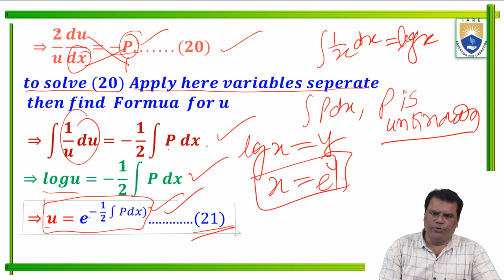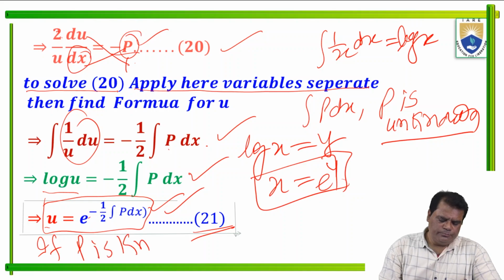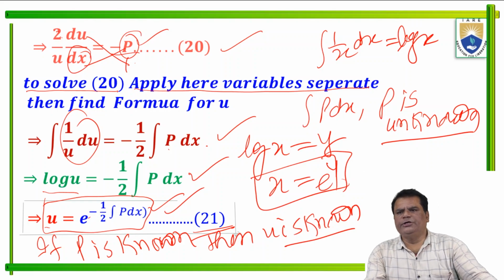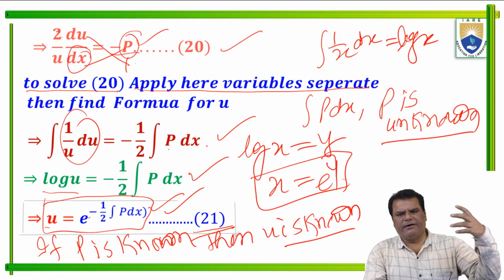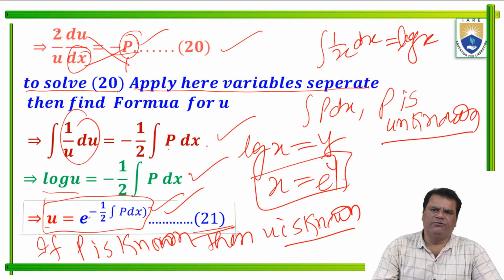If p is known, then u is known. But p is given in our question. Putting the value of p in this integral in equation 21, we can find the value of u.